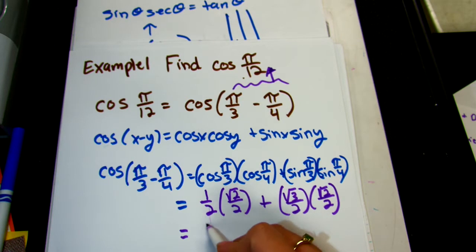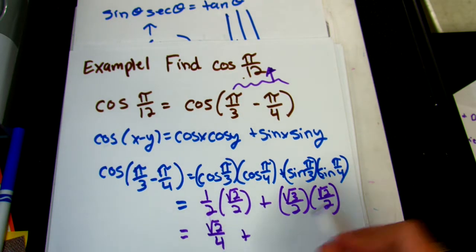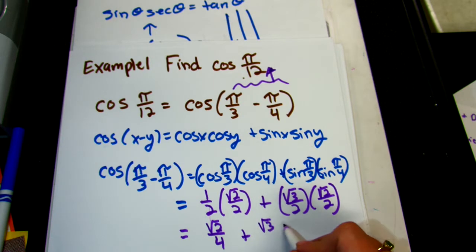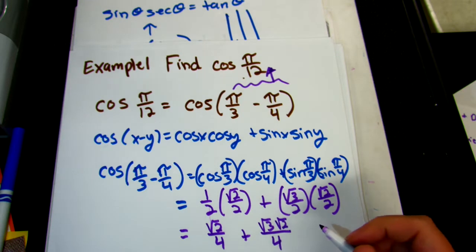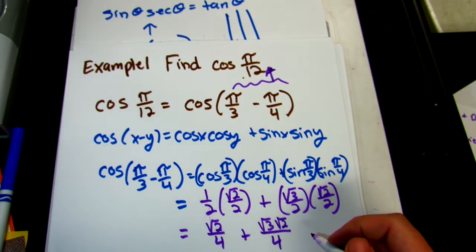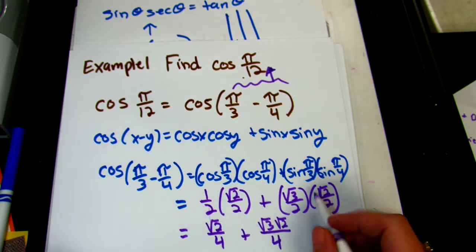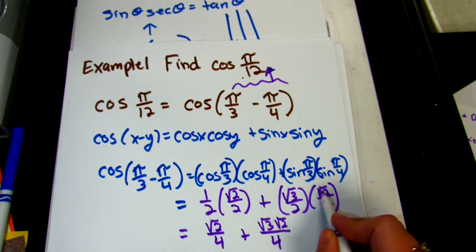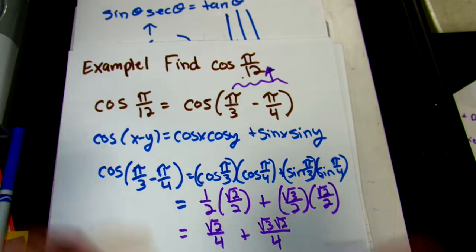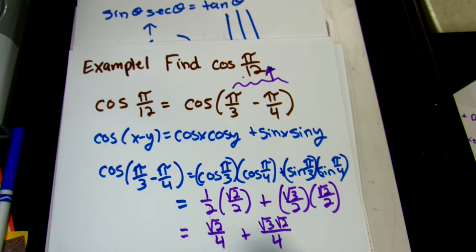So this becomes the square root of 2 over 4 plus the square root of 3 times the square root of 2 over 4. Okay? So there's a couple of things that we can do. This square root of 3 times the square root of 2, remember those can be multiplied. So we get the square root of 6, and then everything is over 4. And that would be our final answer.